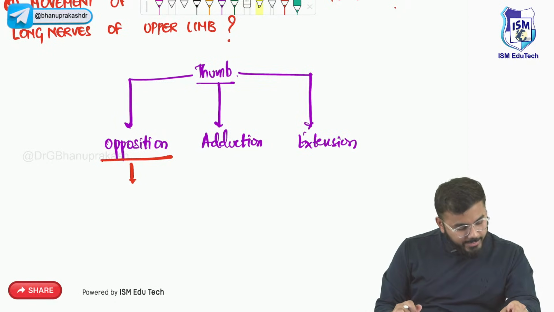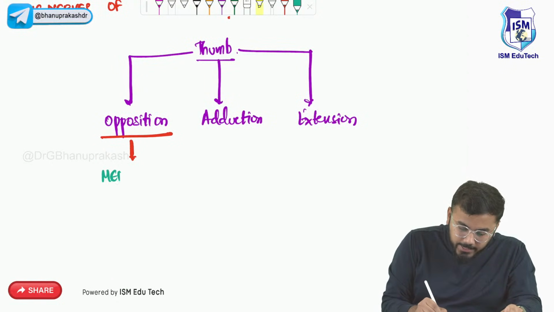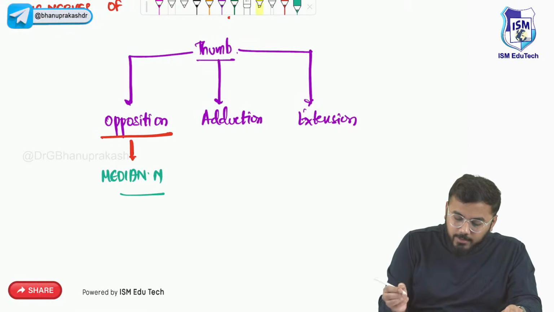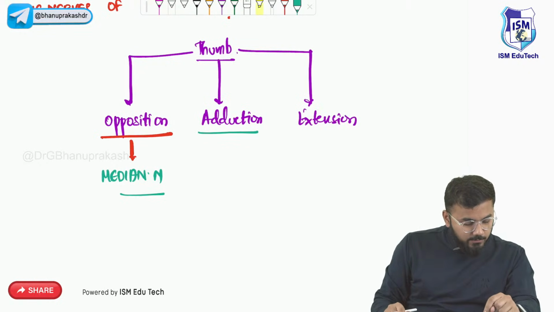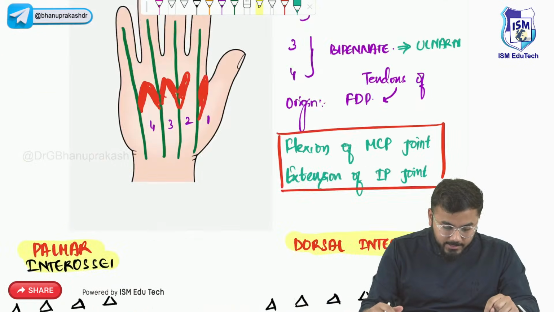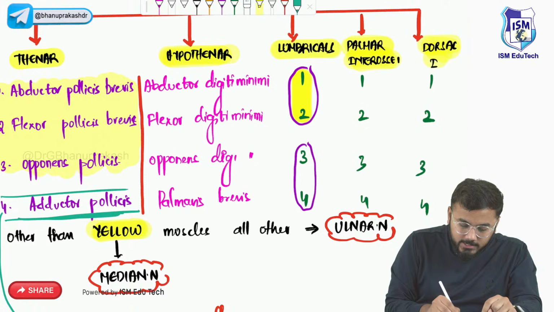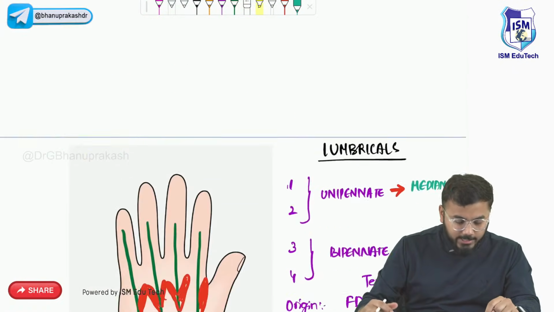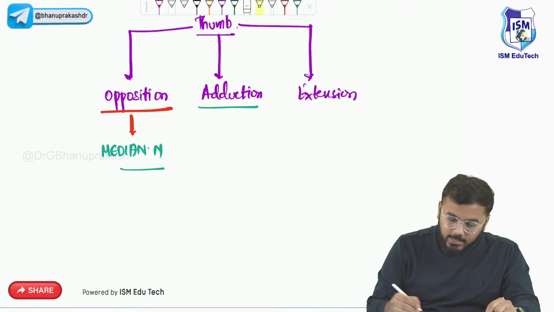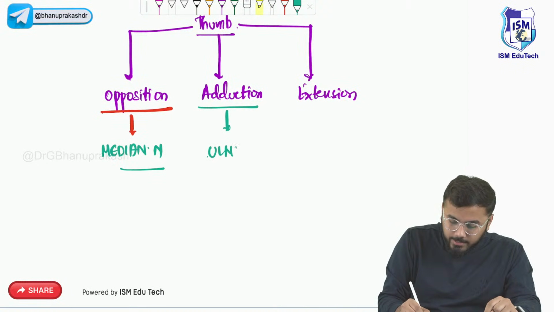Opposition is done by median nerve. Very good, Mohammed. Median nerve. And adduction is done by which nerve? If you remember the muscles which I have told you here, adduction, that is adductor pollicis. Adduction is done by which nerve? That is your ulnar nerve, isn't it? So adduction is done by ulnar nerve.